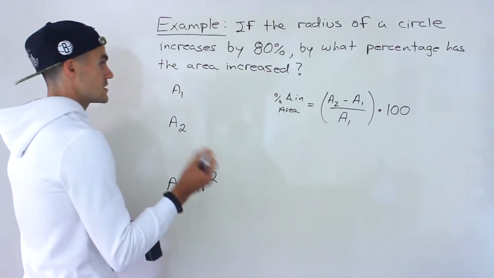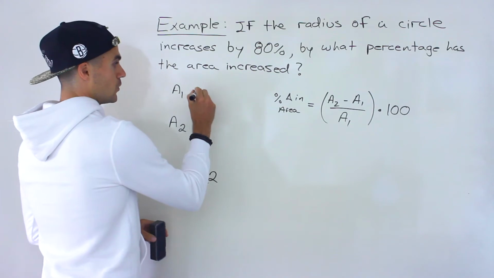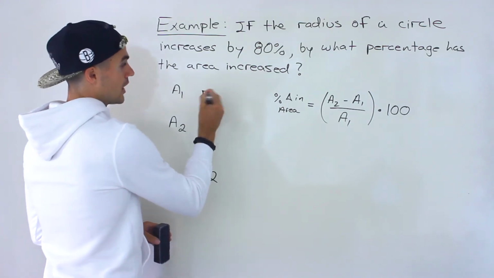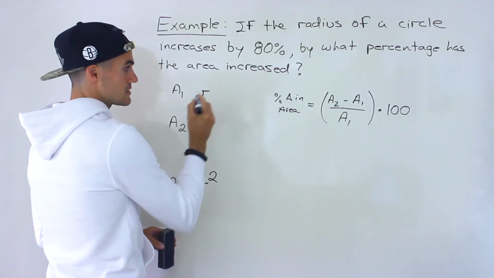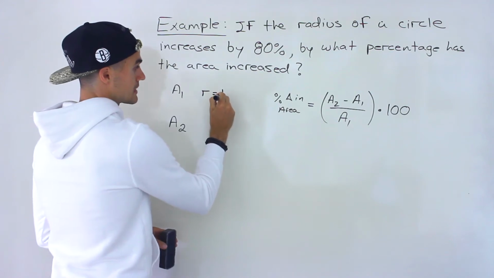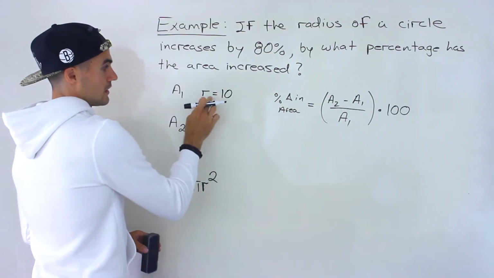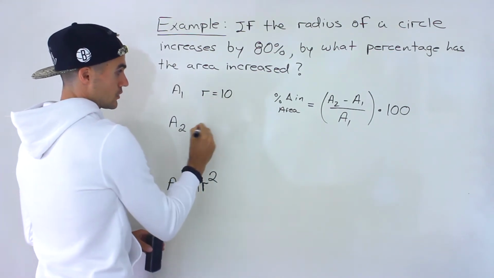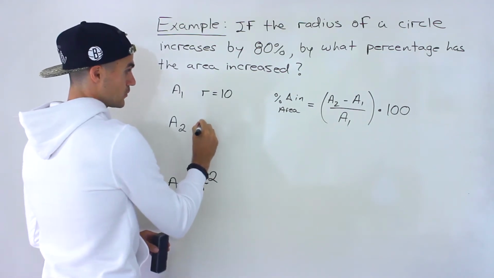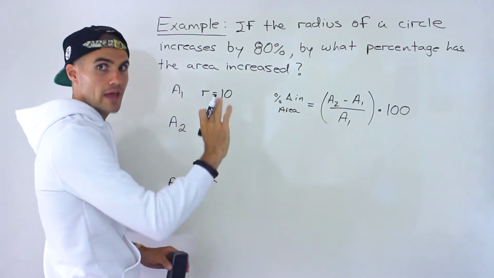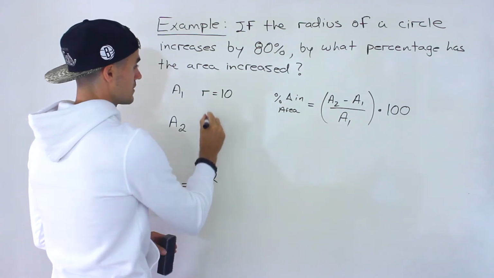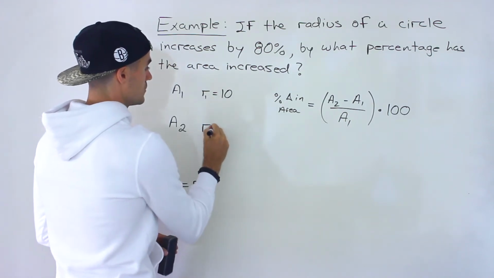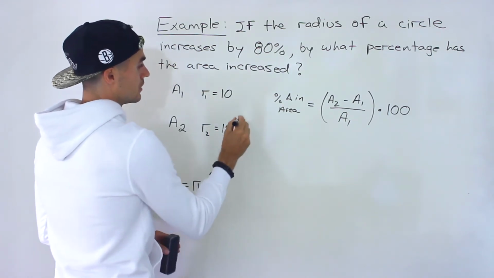Now, there are different ways to go about this. We can pick a number for the radius. So for example, let's say 10. If we take this radius and increase it by 80%, what's 80% of 10? It's 8. If we add it on to 10, the new radius, we'll call this R1, R2, would be 18.